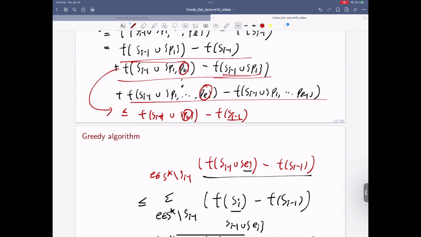Instead of adding PL to that subset, I take S(i-1), which is a subset. So this is at most f of S(i-1) union PL minus f of S(i-1). And that gives you the summation. Any other question?